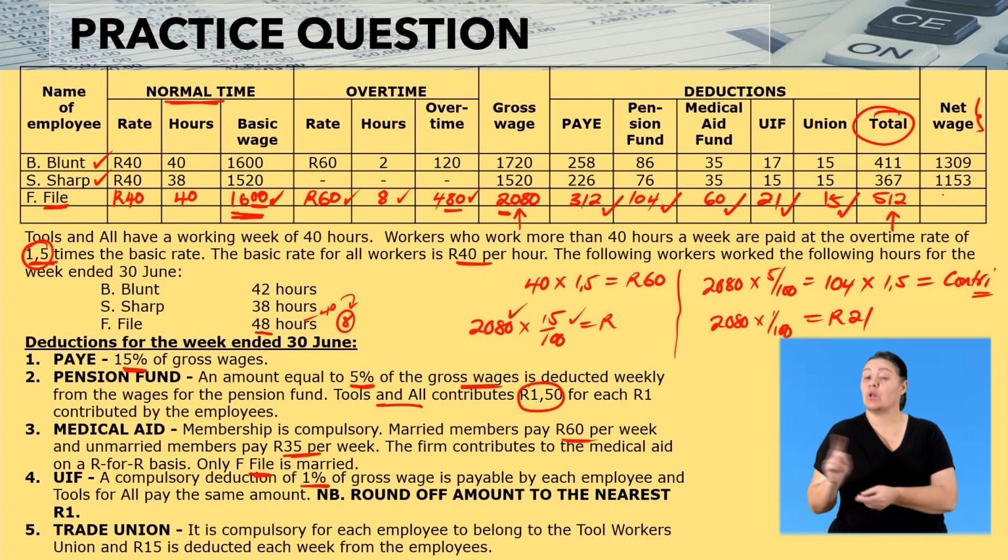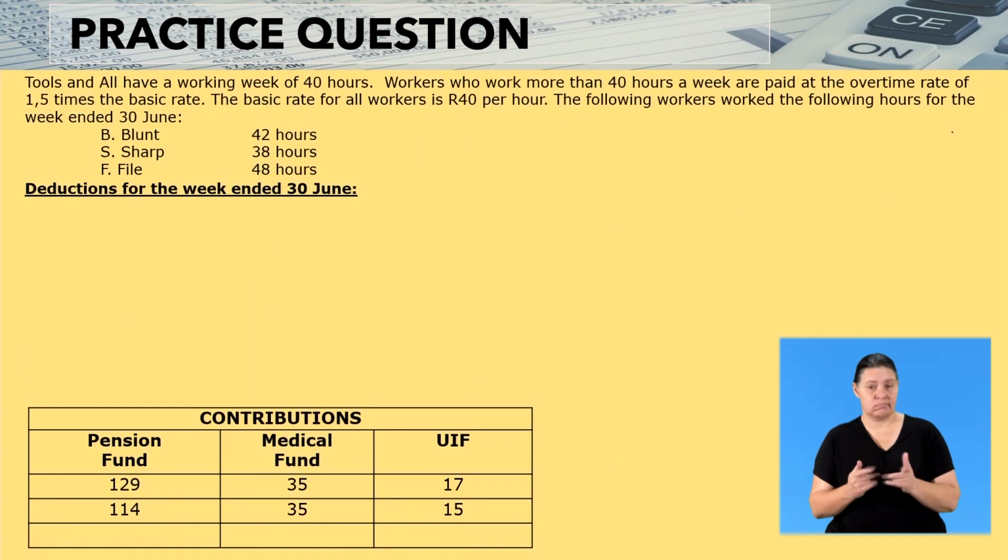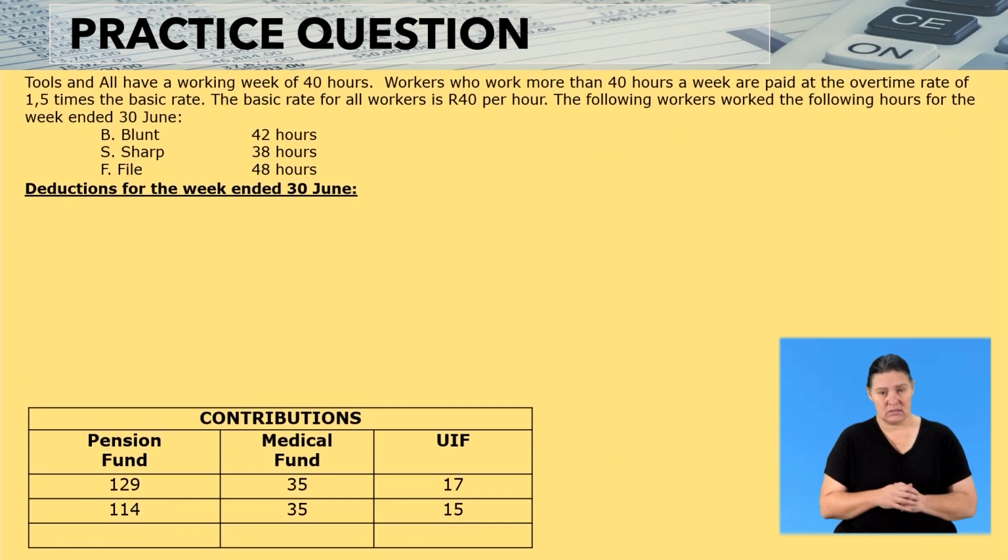And your total amount should be 1,568. That gives you the net wage. We'll now move on because we still have to do the contributions.